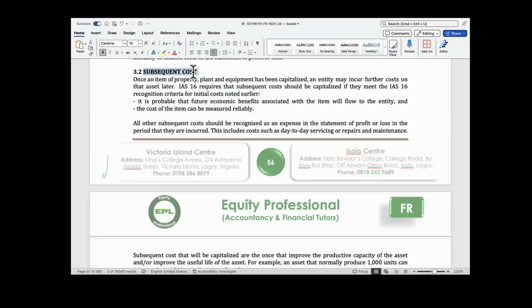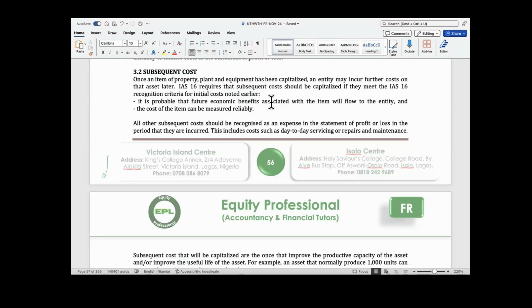IAS 16 said that you will capitalize these costs if they meet the two recognition criteria for recognition of PPE, which is: it is probable that future economic benefits will flow to the entity, and the cost of the asset can be measured reliably.